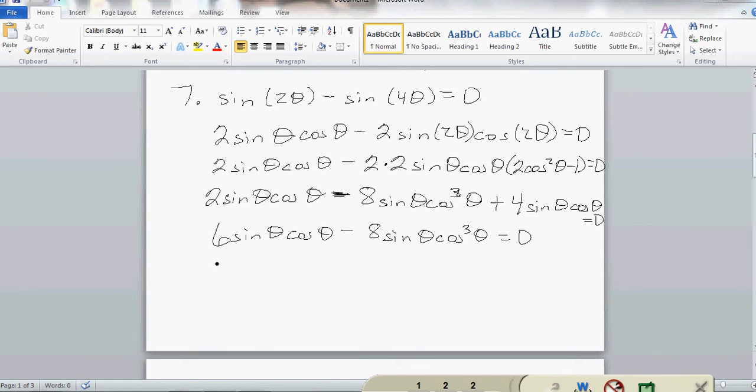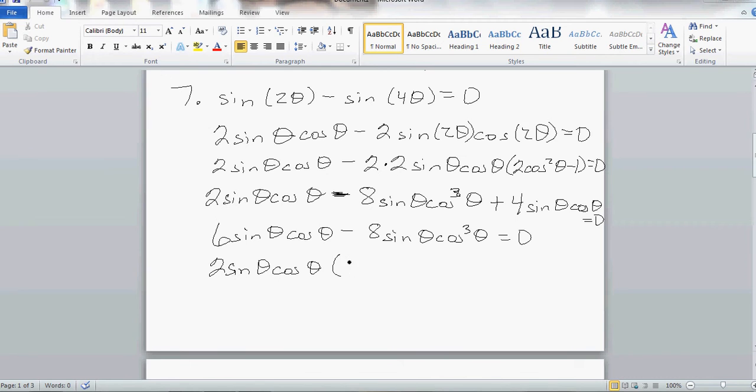Now I can factor out 2 sine of theta cosine of theta, which will leave 3 minus 4 cosine squared of theta equals 0. And so that means either this equals 0, this equals 0, or this equals 0. And so I just need to set each one of those equal to 0 and go from there.